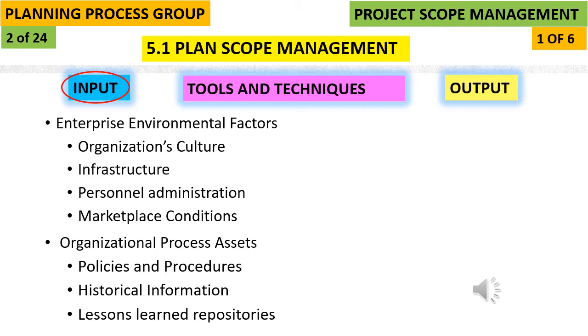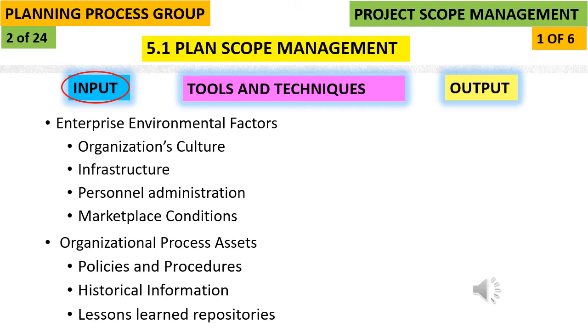Sometimes, if it is a long-term project, running for more than a year or more than two years, then the scope has to be developed or managed in a progressive manner. So all these things have to be considered before we start planning how to manage the scope.